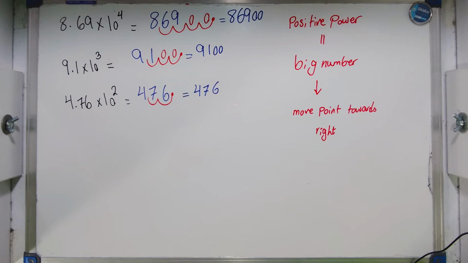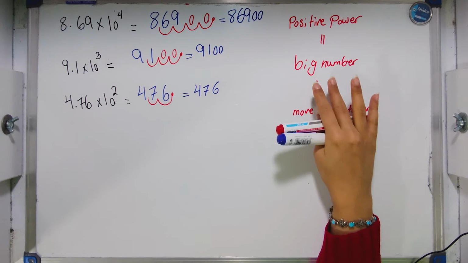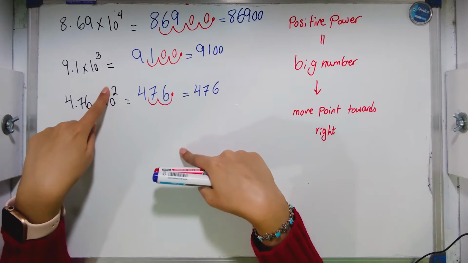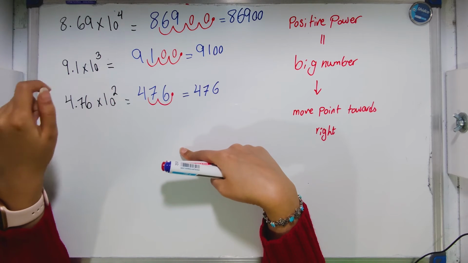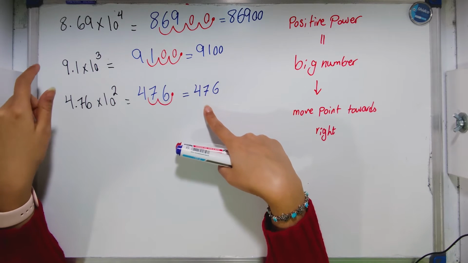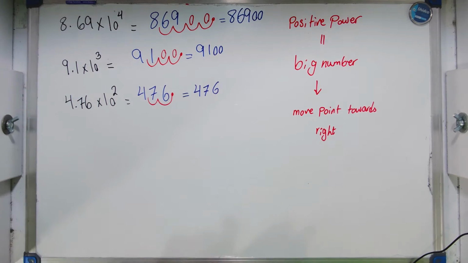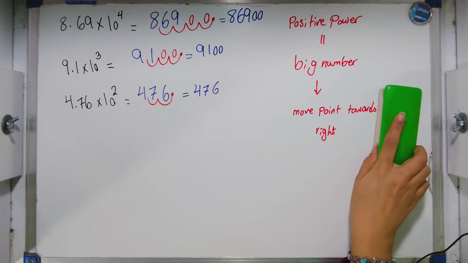So as you can see, I'm making all the numbers bigger than before. Compare the numbers. A positive power shows that your final answer should be bigger than the original number. But the power is not always positive.